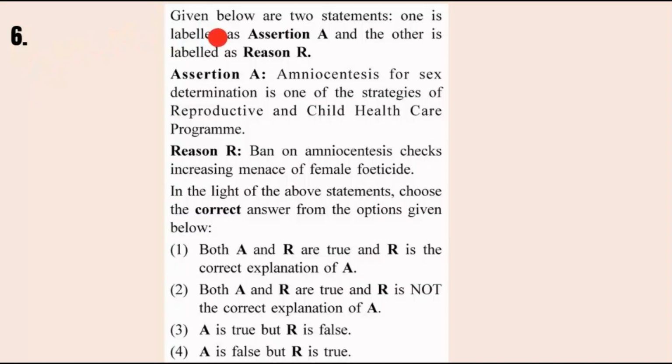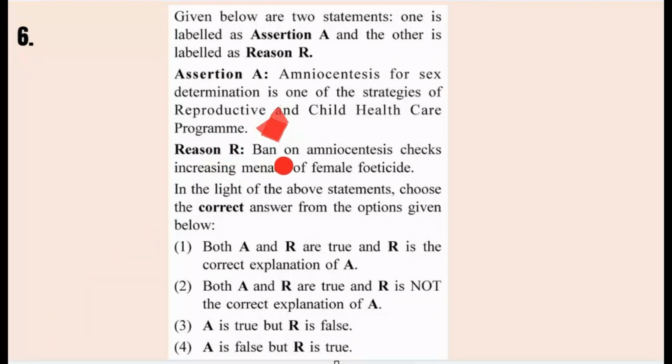6. Given below are two statements. One is labeled as assertion A and the other is labeled as reason R. Assertion A says, amniocentesis for sex determination is one of the strategies of reproductive and child health care program. That is wrong.